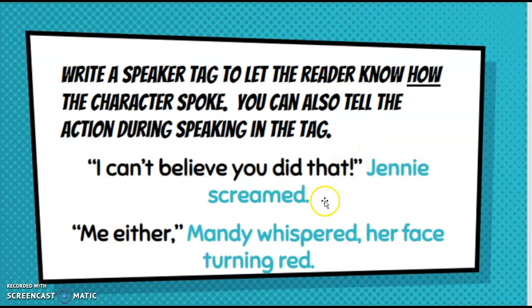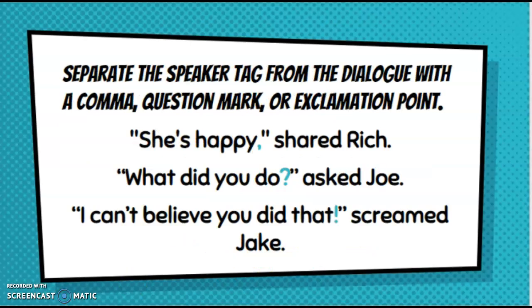An exclamation point indicates that it's going to be loud, said with excitement. The word whispered tells me it's going to be said quietly. Using terms like that is going to be helpful. It shouldn't always be "said" blank. We want to use different words to indicate the characters and how they're speaking.